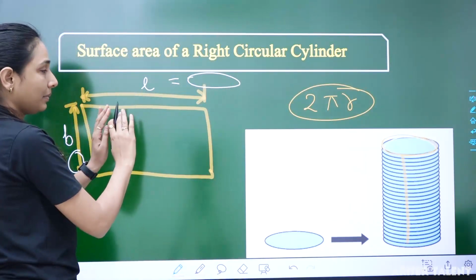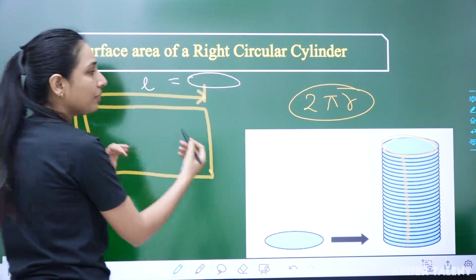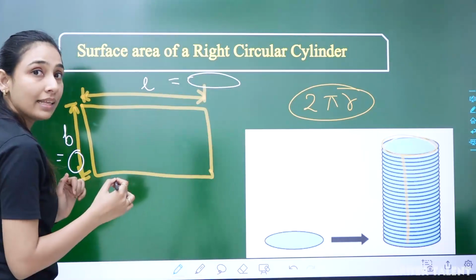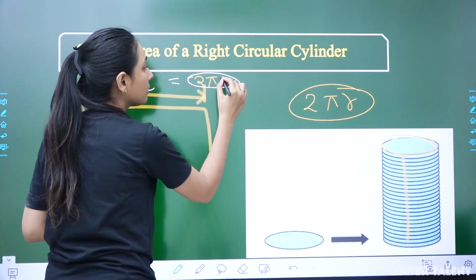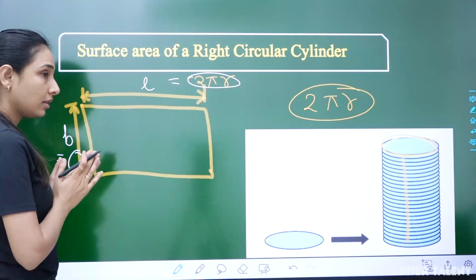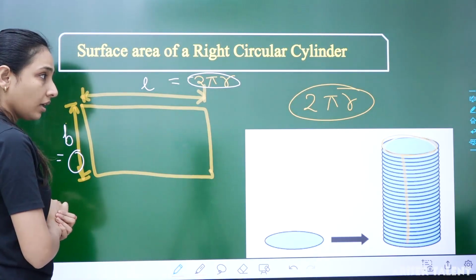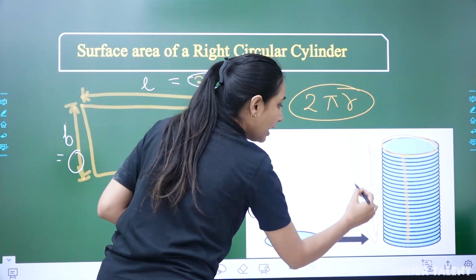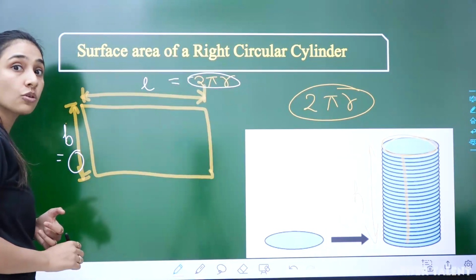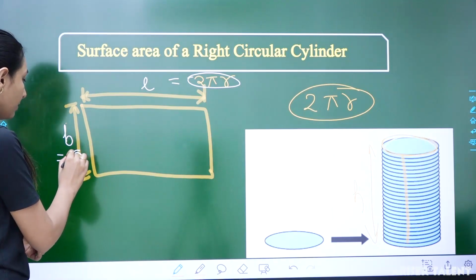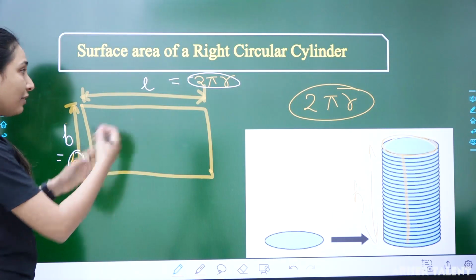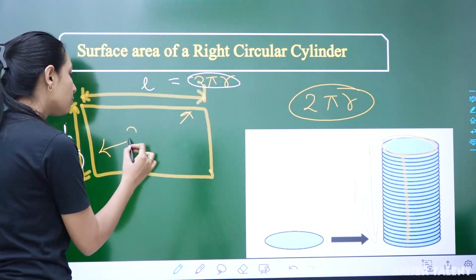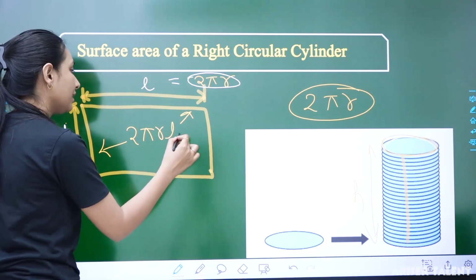That means this length, because when we open it, it will be something like that. This side will be the complete length, so that will be 2 pi r. This is about the length. Now about the width. This height, if this is h, the height of the right circular cylinder, then the width will be equal to h. And if I multiply them, breadth multiplied by length will be equal to 2 pi r h.